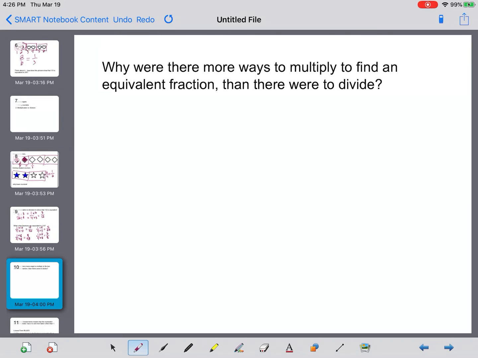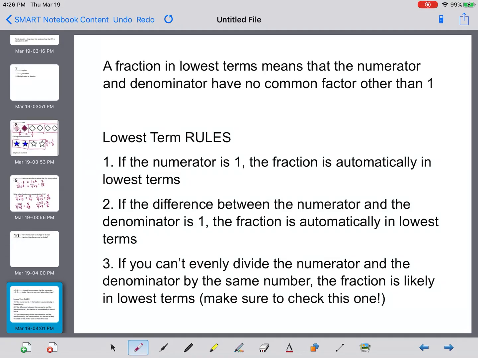So question for you, and if you need to think about this again, you can pause the video. Why were there more ways to multiply to find an equivalent fraction than there were to divide? So the main reason is that we try to put our fractions in lowest terms.